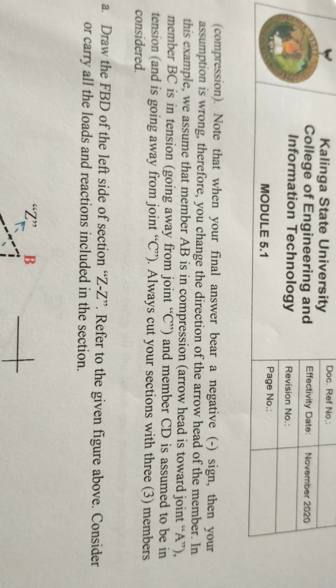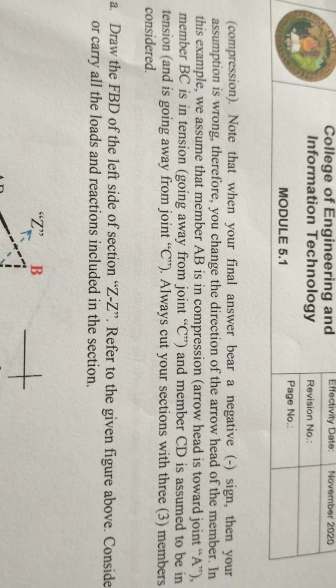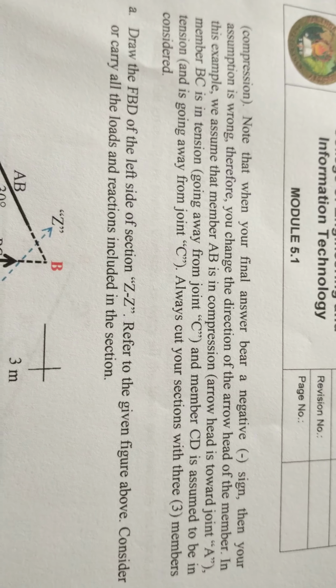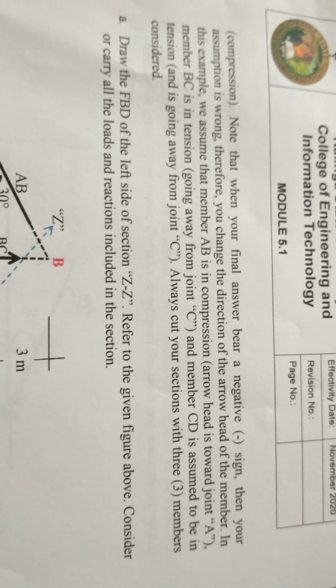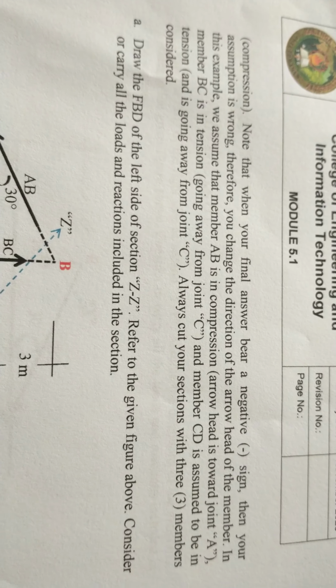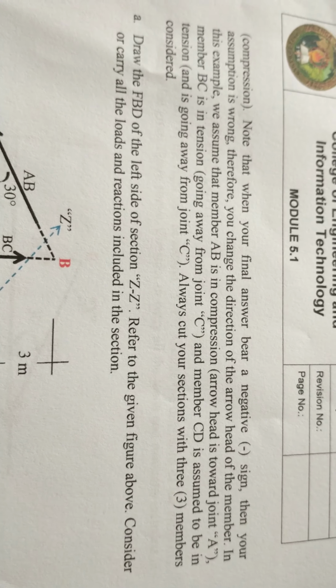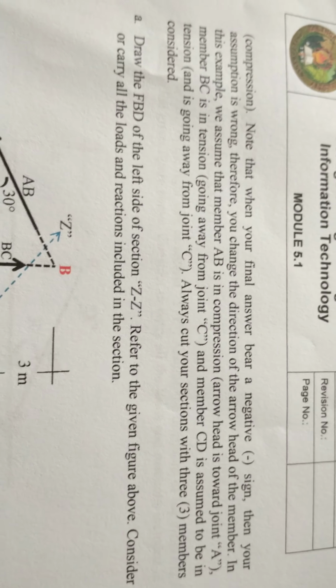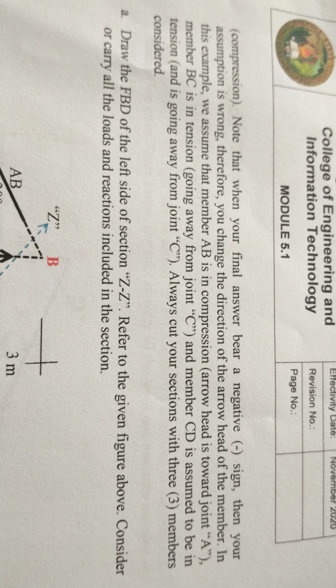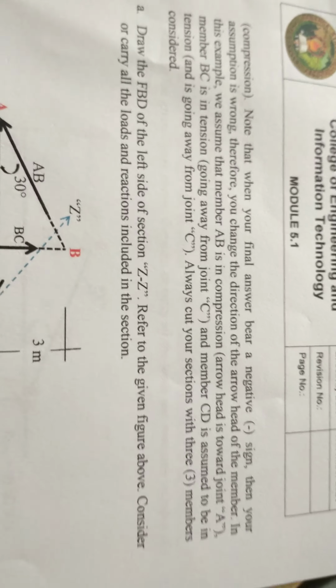In this example, we assume that member AB is in compression, arrowhead towards joint A, member BC is in tension, going away from joint C, and member CD is assumed to be in tension and is going away from joint C. Always cut your section with 3 members considered.